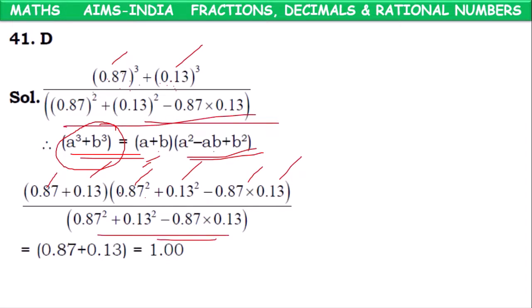So this part is the same, so we can cancel them because they are the same value. 0.87 plus 0.13, if we add, is 1.00.